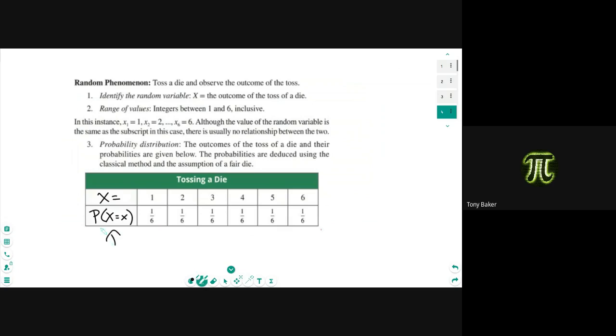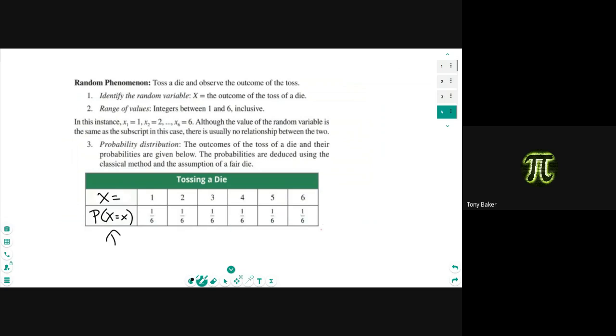This is the probability that the random variable is whichever value those x's are. I know it sounds weird. It's a big X and then a small x. It's not the same size as x's. That's the symbol you're going to see when it's written like that. What's the probability of rolling any number on a die? 1 out of 6. And you notice that that's the probability distribution there.